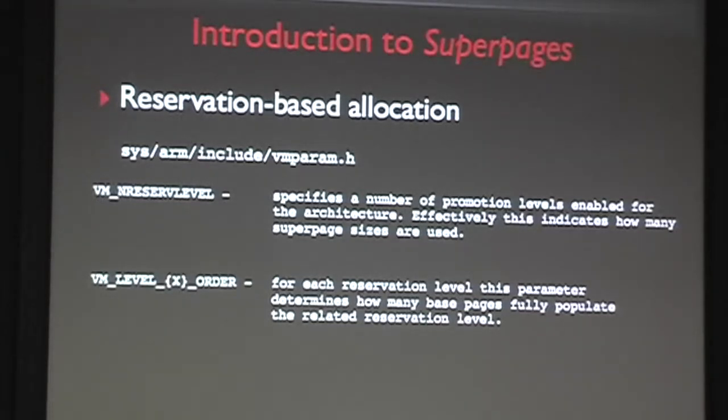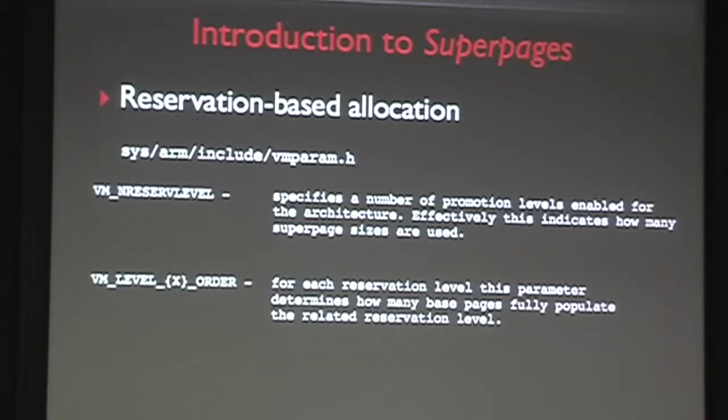Between the machine-independent layer and machine-dependent layer, we have a very simple interface. We need to create two definitions. The first definition informs about how many superpages we will have in the system.